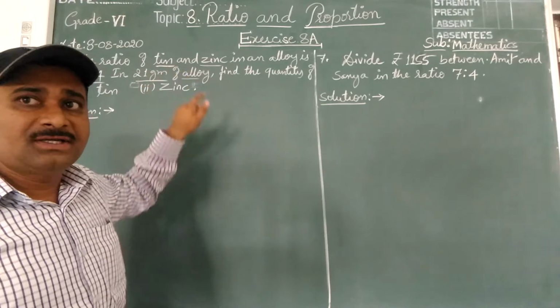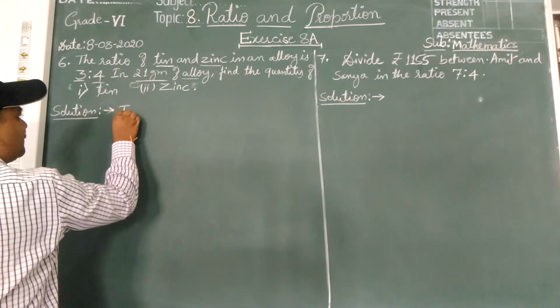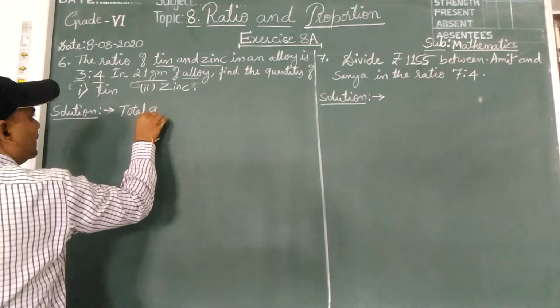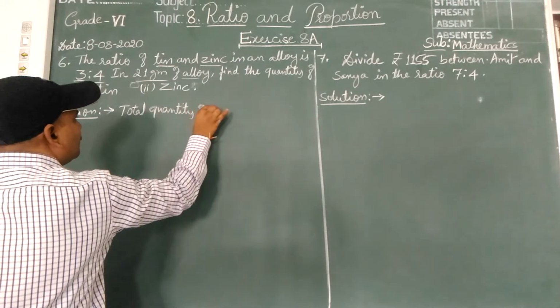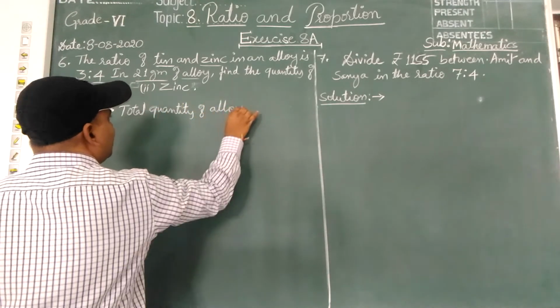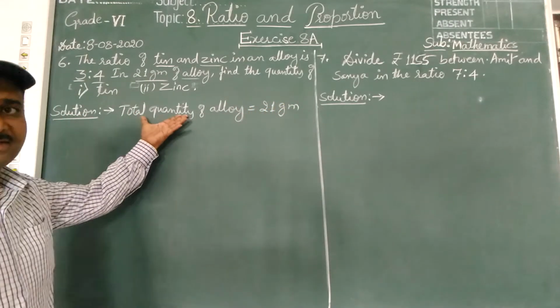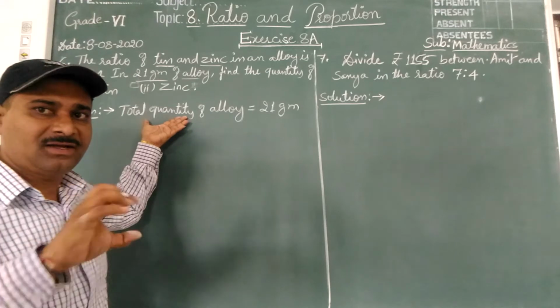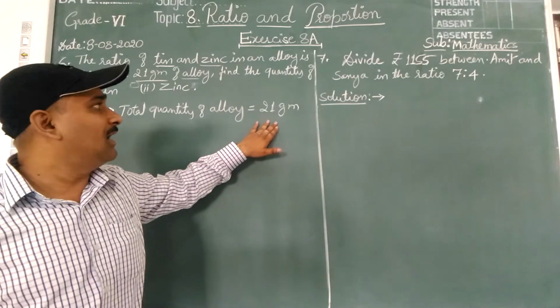Right, children? See, total quantity of alloy is given here: 21 grams. Total quantity means the mixture of tin and zinc, and its quantity is 21 grams.